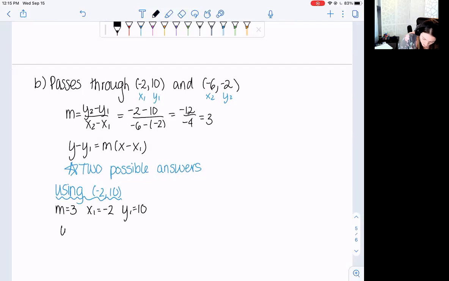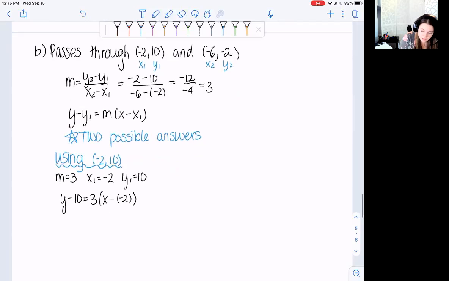So y minus y1 is 10 equals m is 3, and then x minus negative 2. The only simplifying you have to do is if you have a minus negative either here or here, you want to simplify that to a plus. So this would be x plus 2.